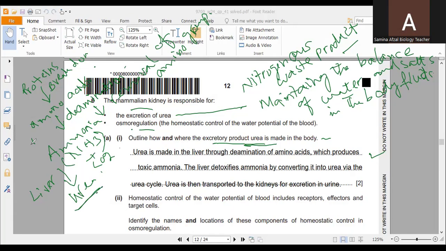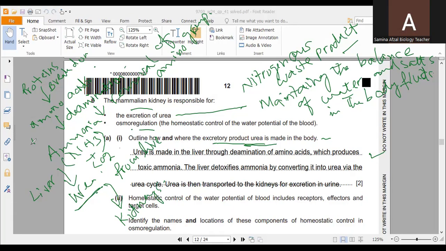We know that urea is then transported from the liver to the kidneys via the blood, and in the kidneys the process takes place and it is excreted out of the body in the form of urine. So the kidneys filter urea from the blood and excrete it in the urine.